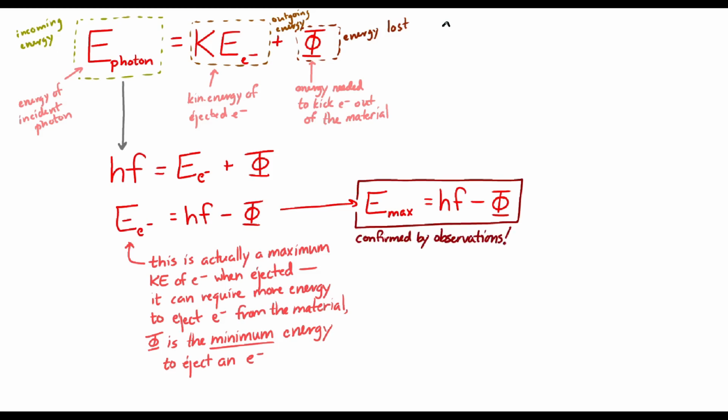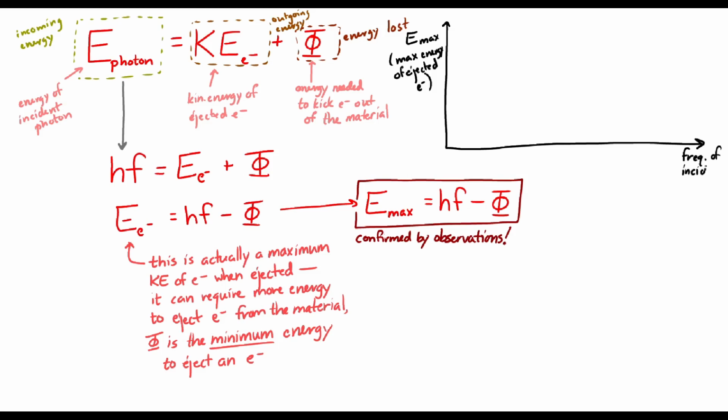In fact, there's a pretty famous graph that's related to this. If we graph the maximum energy of the ejected electrons versus the frequency of the incoming light, this is the graph that we find. So below a certain frequency, I'll write f0, and this is called the threshold frequency. Below that threshold frequency, no electrons are kicked out.